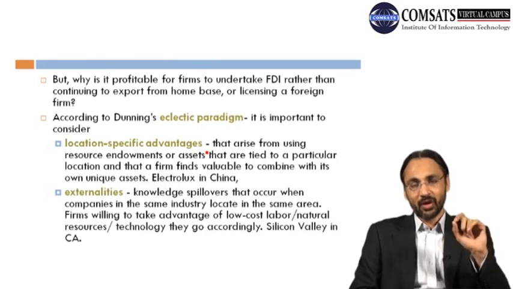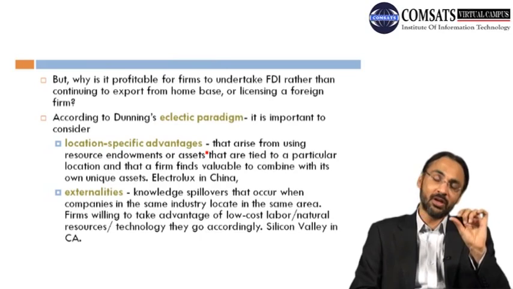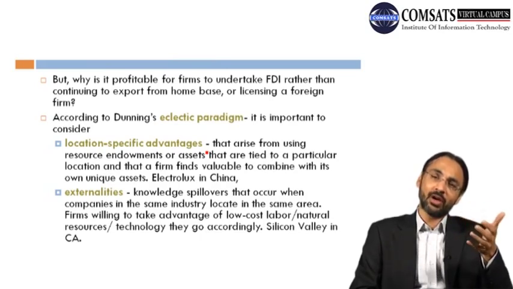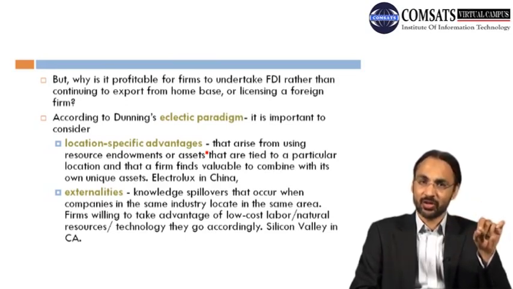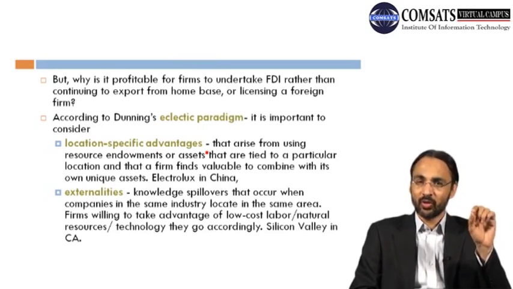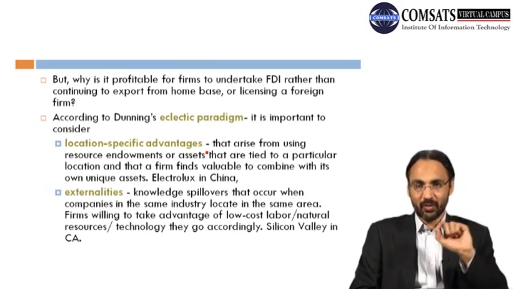The low cost of raw materials, the low cost of resources and the low cost of labor are specific things that firms can only find in certain markets, in certain locations. To avail those benefits, the firm has to move to that location, and this is called the location-specific advantages.